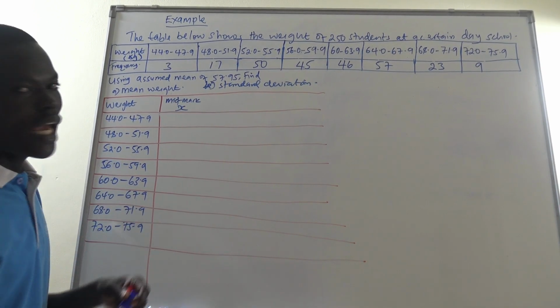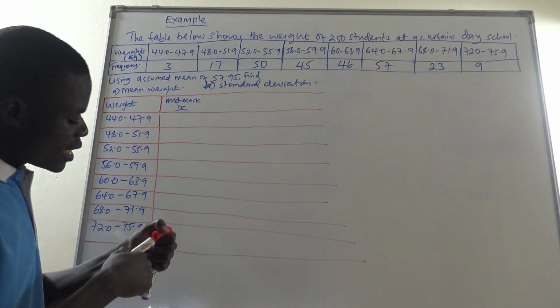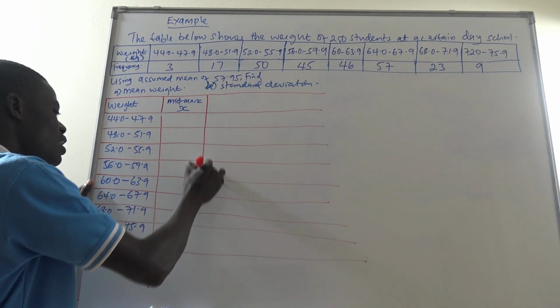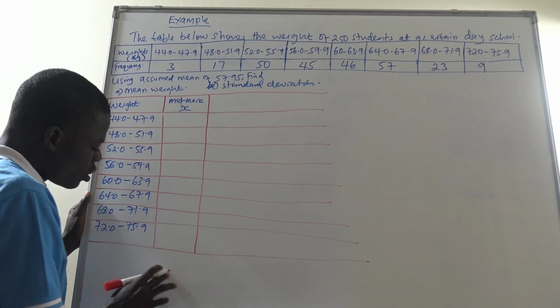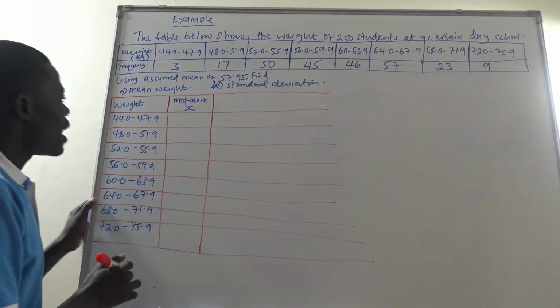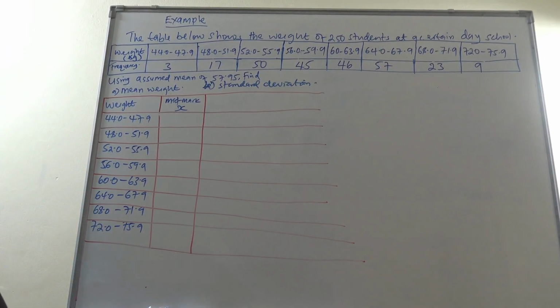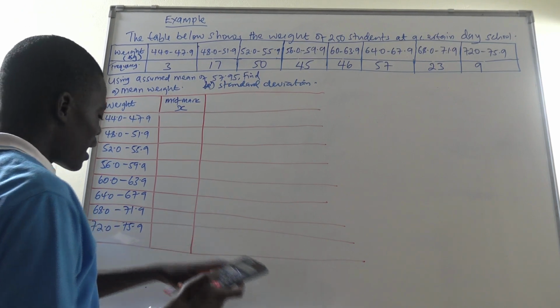The midmark x is obtained by adding the upper class limit and the lower class limit, then dividing the answer by 2. That's our midpoint, or midmark. After identifying it, we shall go ahead to look for other values.